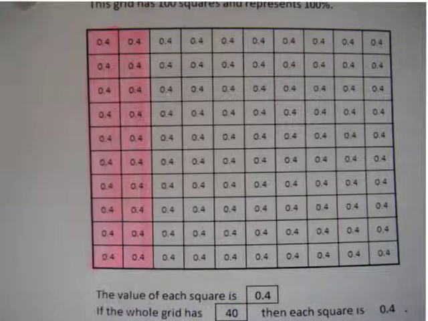So percent means exactly that. Cent means 100, so it means per 100. Here we have a grid. It has 100 squares, so the 100 squares represent 100%, one whole.